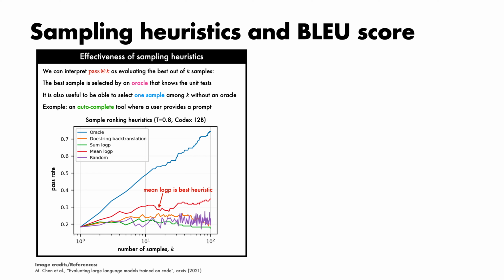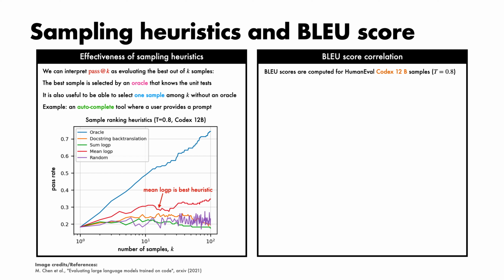Given its use in prior work, the authors also examine how BLEU score correlates with functional correctness, as assessed by the unit tests. For this, BLEU scores are computed for all HumanEval samples from the Codex 12 billion parameter model by scoring the samples against reference solutions for the problems.